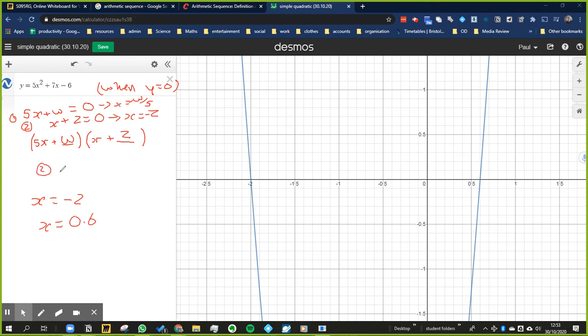In the second case, x is equal to, well, we can see it's equal to -2. It's annoying that my z looks like a 2, it's going to confuse things even further.